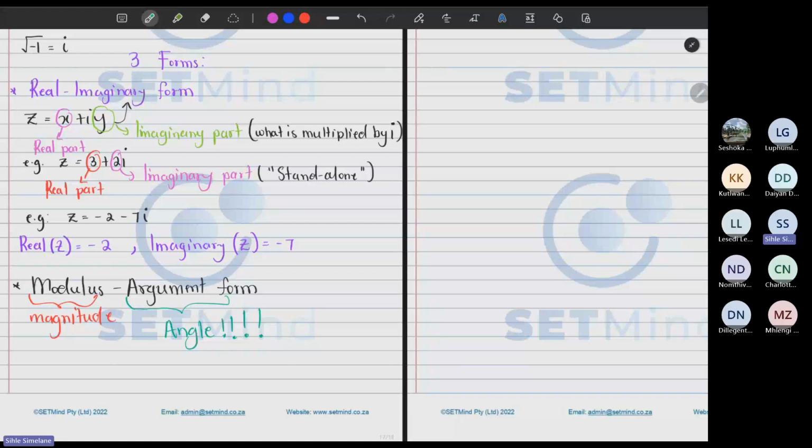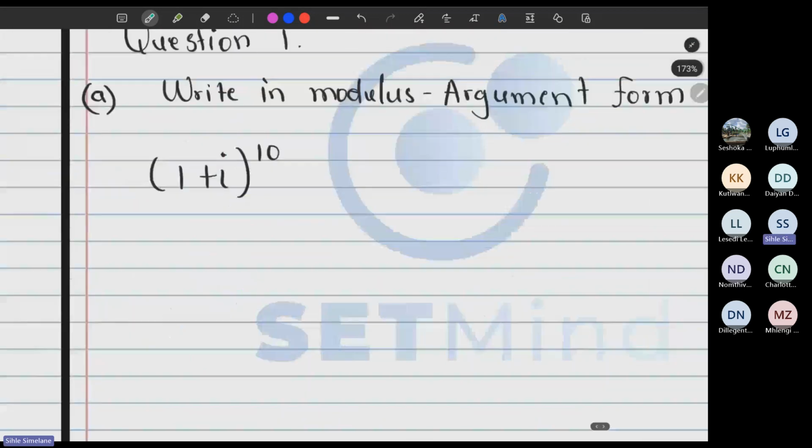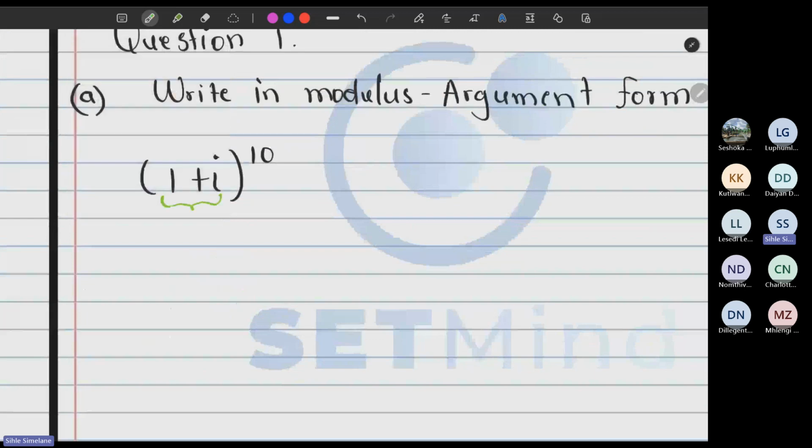Okay, and then we need to think now, how do we take the complex number from the real imaginary form to writing it as a modulus argument form? Because when you look carefully, can you see that what we are given here inside is just a real imaginary form? Can you see that? Yes. Okay, on point.